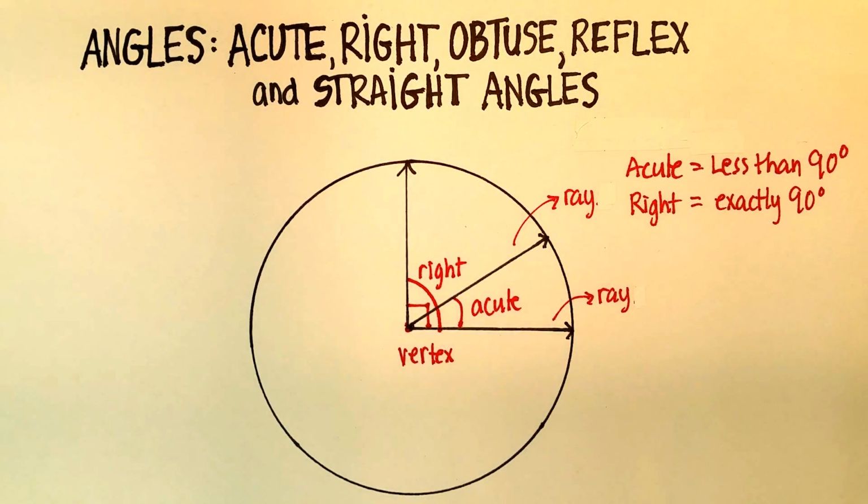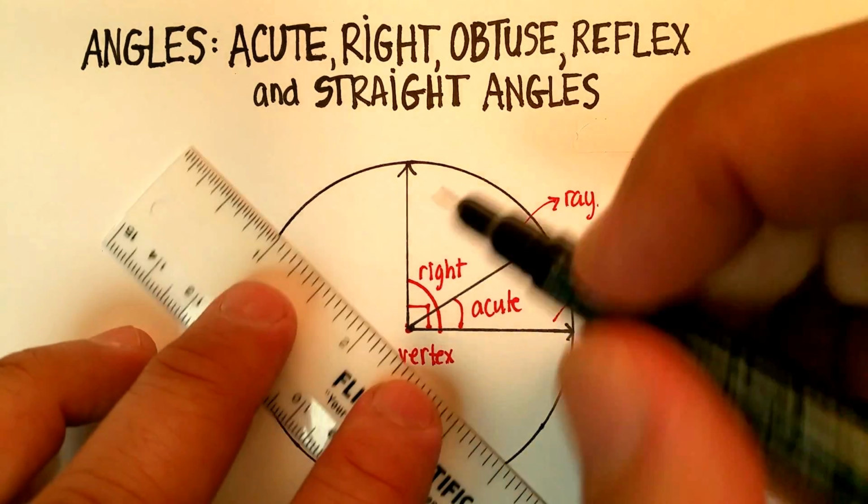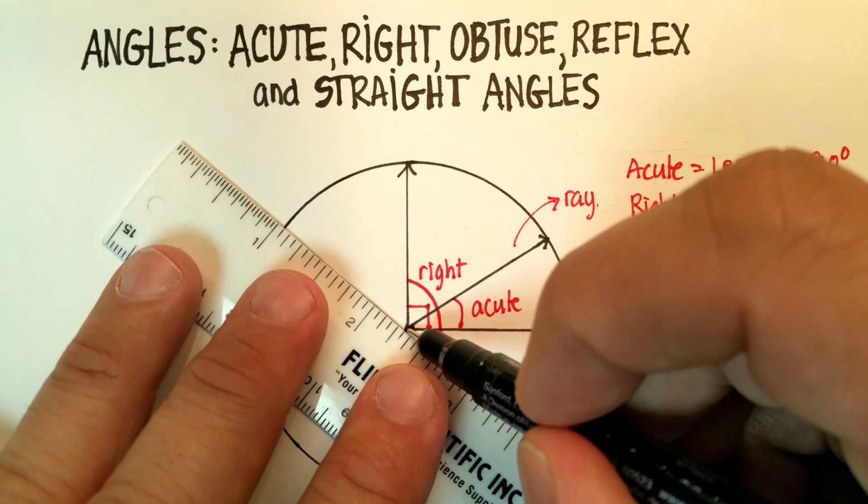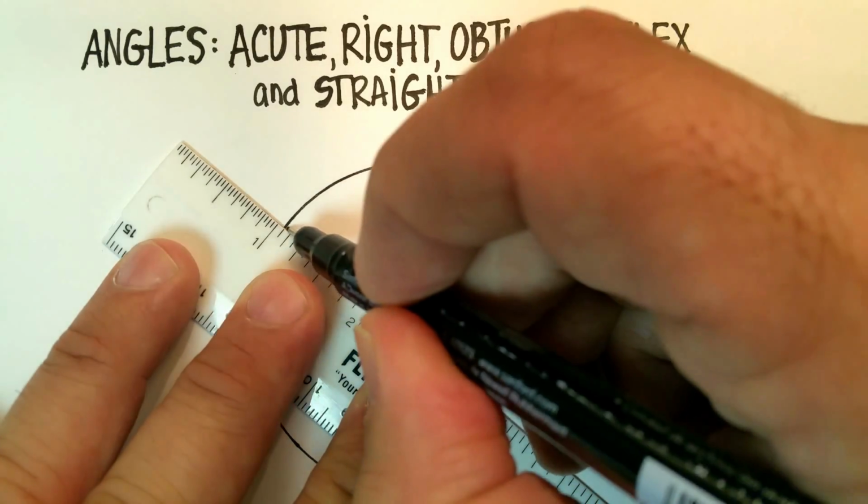Obtuse angles, let's just draw another line in here, another ray. And again, we're using this as one of our base sides. So another ray will start at the vertex. Let's go out.